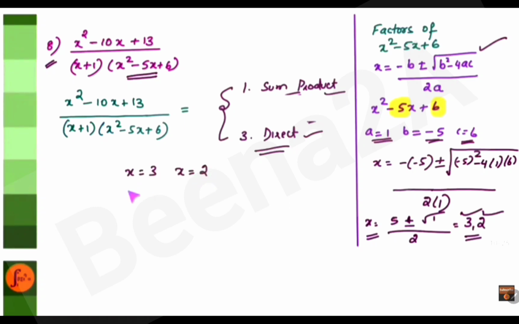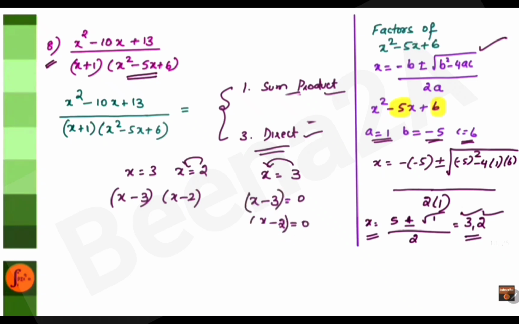So we'll have to write this as x minus 3, x minus 2. Why? Because when x is equal to 3, if I shift 3 to this side, I'll get x minus 3 is equal to 0. And when I shift 2 this side, I'll get x minus 2 is equal to 0. So the factors are x minus 3 and x minus 2.